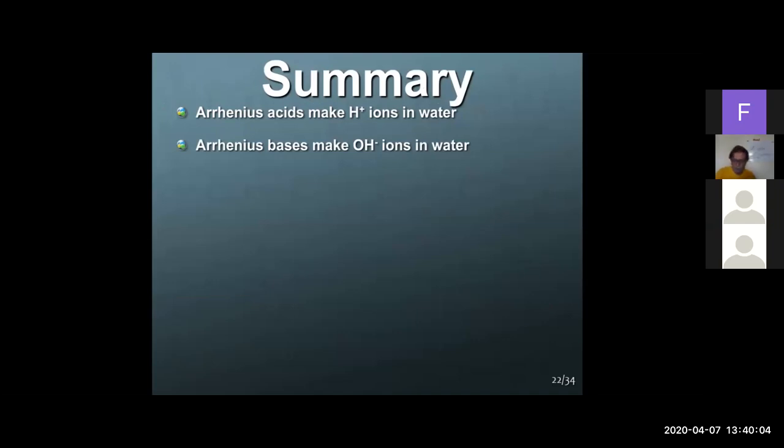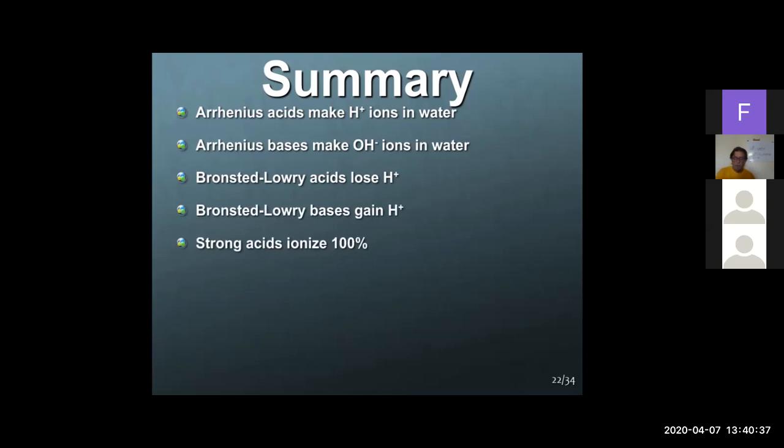The other definition was the Bronsted acids, and those are defined as any chemical that produces or loses a proton, which is a similar definition to the Arrhenius acid. That's what they have in common. Where they differ is how they define the base. In the Bronsted-Lowry base, that is any chemical that will accept that proton from the chemical that produced the proton.